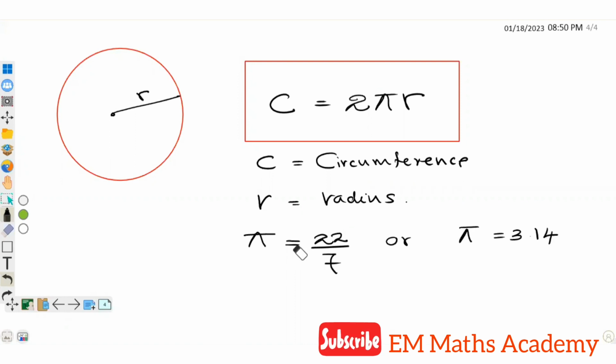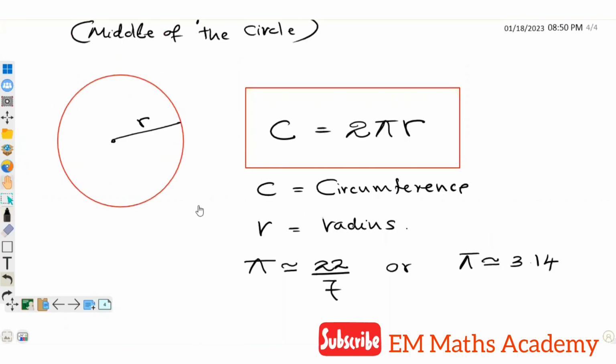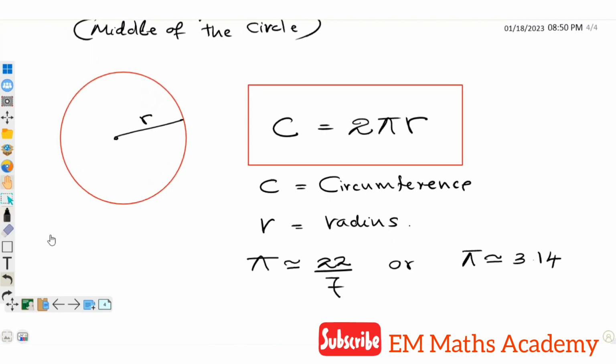Remember that we can't use equal here. Pi is approximately equal to these values. But when we are going to solve the questions, when we need to find the circumference of a circle or a part of a circle, we can directly substitute these two values to find the circumference.